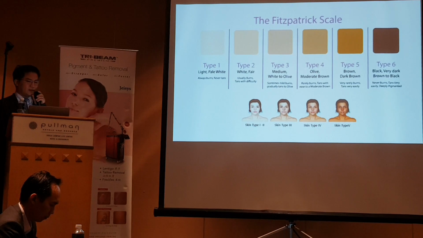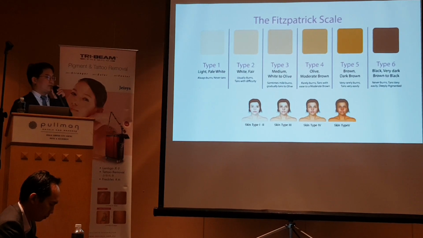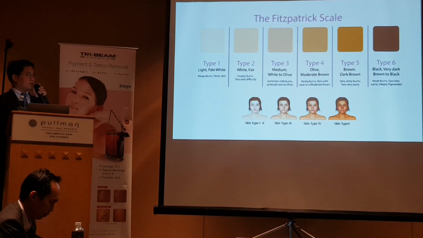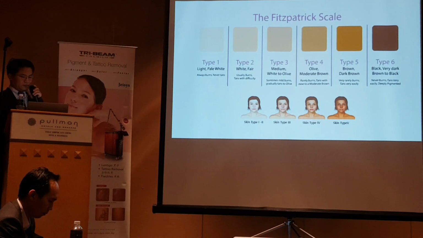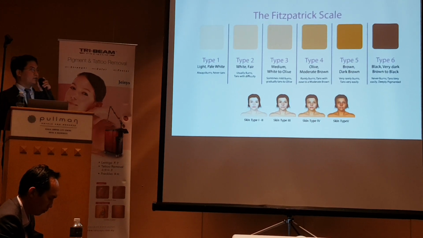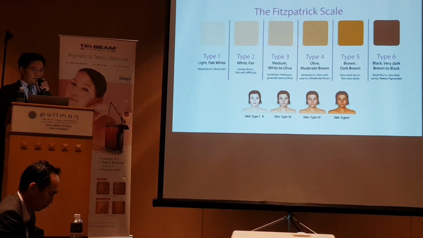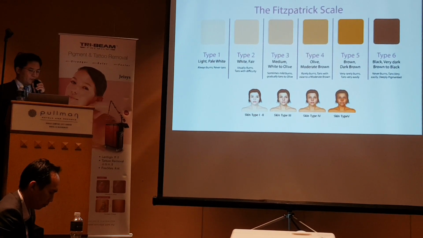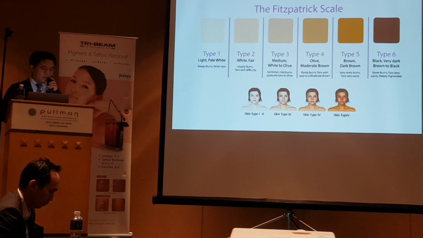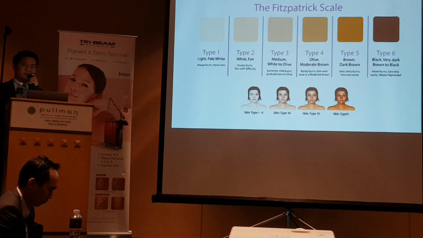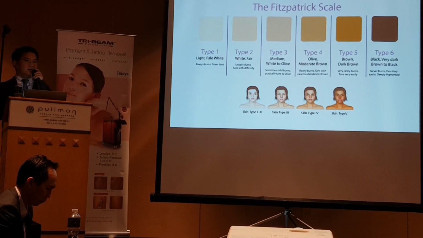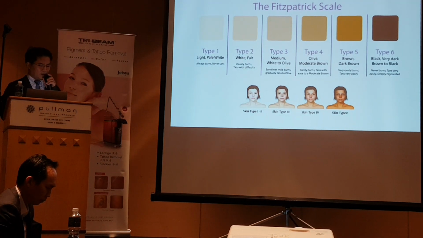The Fitzpatrick skin type is very important because among Asian people, there are many patients with skin type 4 and 5. Skin type 5 means that without burns, they easily tan.